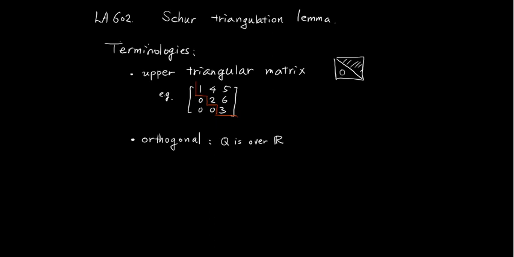It is a real matrix, and if you multiply Q transpose Q and QQ transpose, both of them are equal to the identity matrix. We have been seeing this several times, and it must be a square matrix, and moreover, all the columns of Q have unit length, and they are mutually orthogonal.